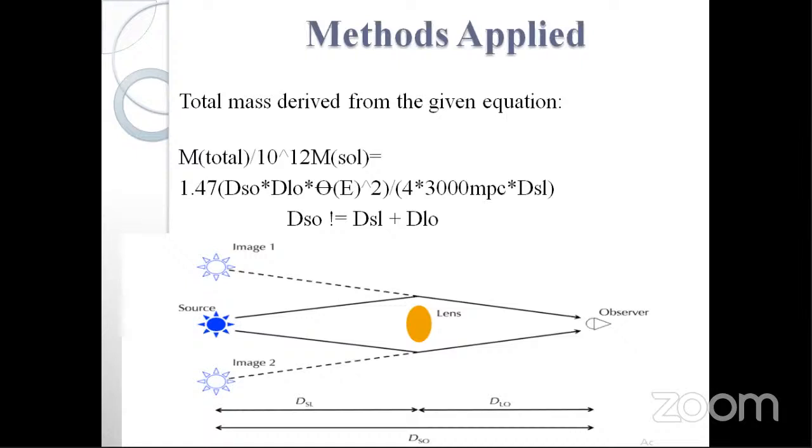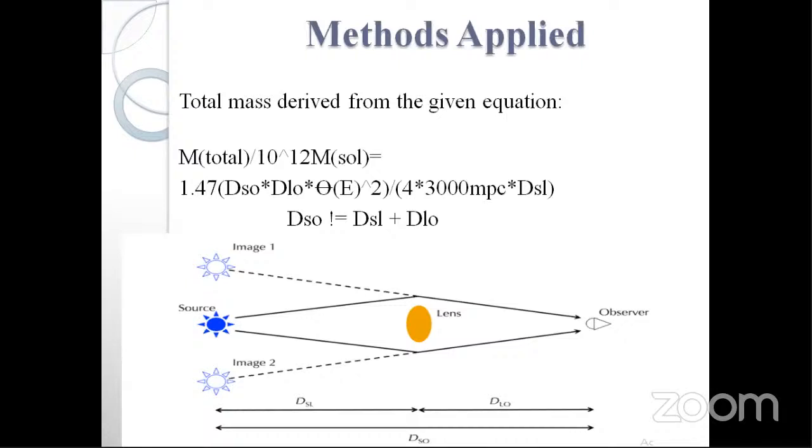DSL is the distance between the source and the lens, and DLO is the distance between the lens and the observer. One more point: as the figure may lead you to believe, DSO is not equal to DSL plus DLO, owing to the redshifts involved.